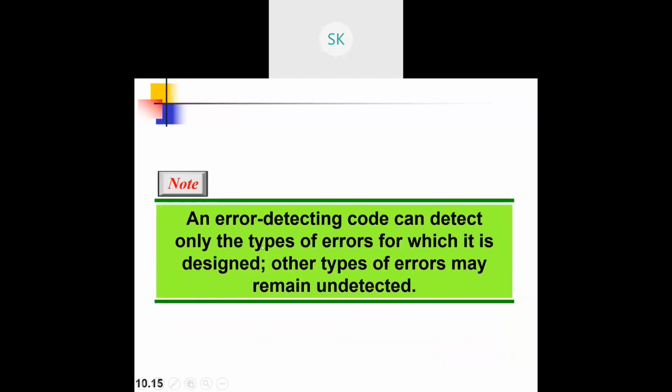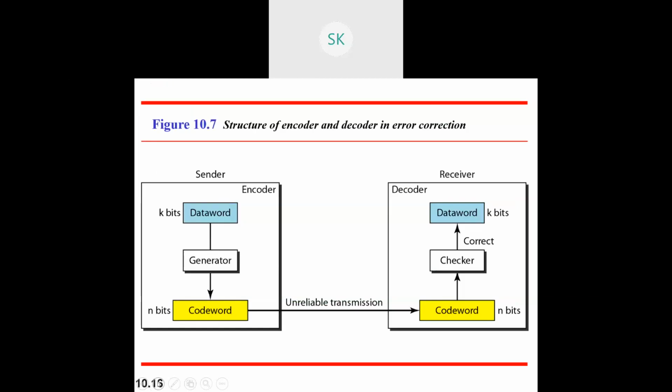That is the meaning of this statement: an error detecting code can detect only the type of errors for which it is designed. If you are designing it for detecting only one error, then a 1-bit error will be detected. If any other thing, like a burst error, comes into the picture, then I need to design it separately for that. So other types of errors may remain undetected, with respect to the transmission of data from the sender to the receiver.